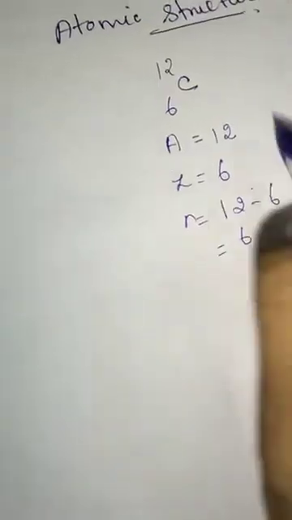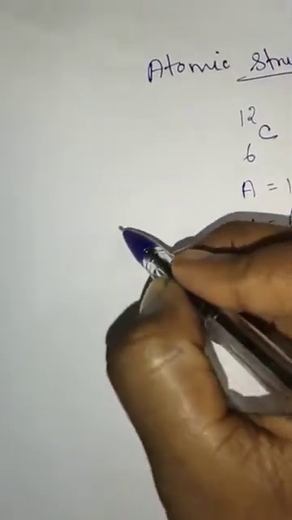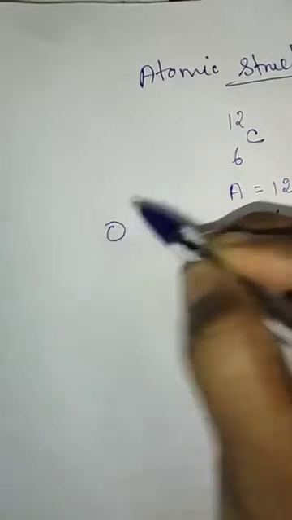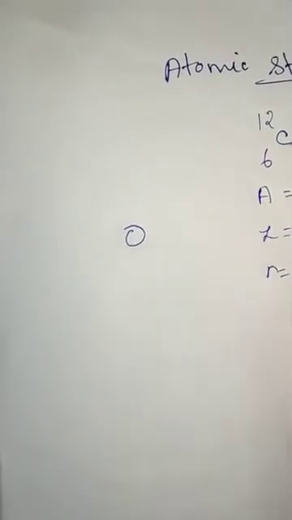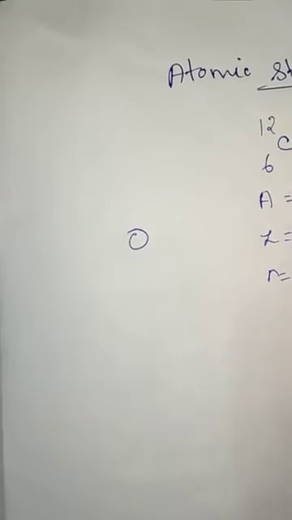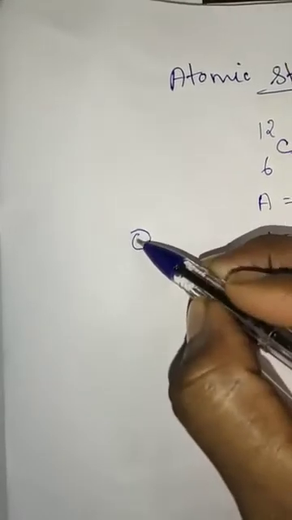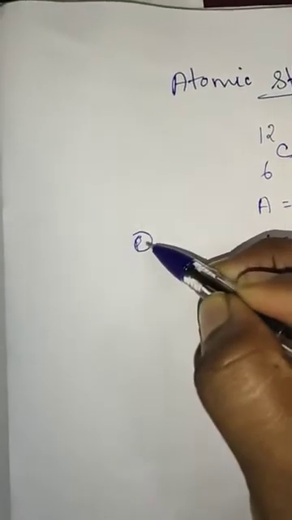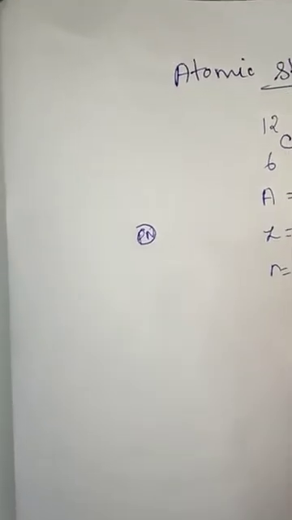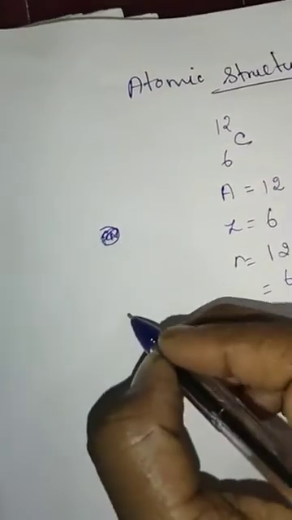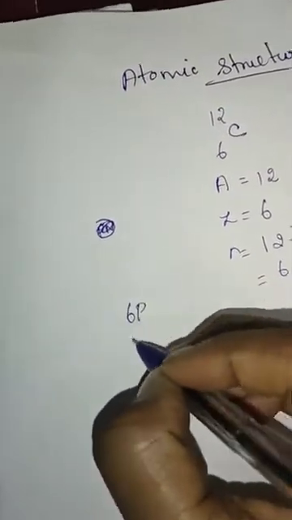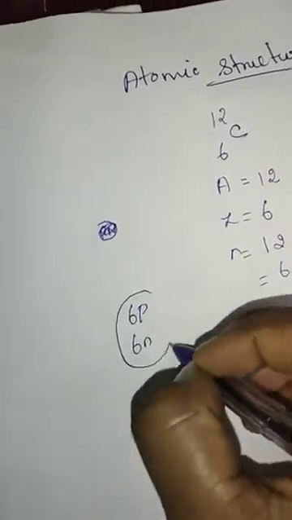First you have to draw a small nucleus. Inside the nucleus, what is present? Proton 6, neutron 6. So draw 6 protons and 6 neutrons inside the nucleus.